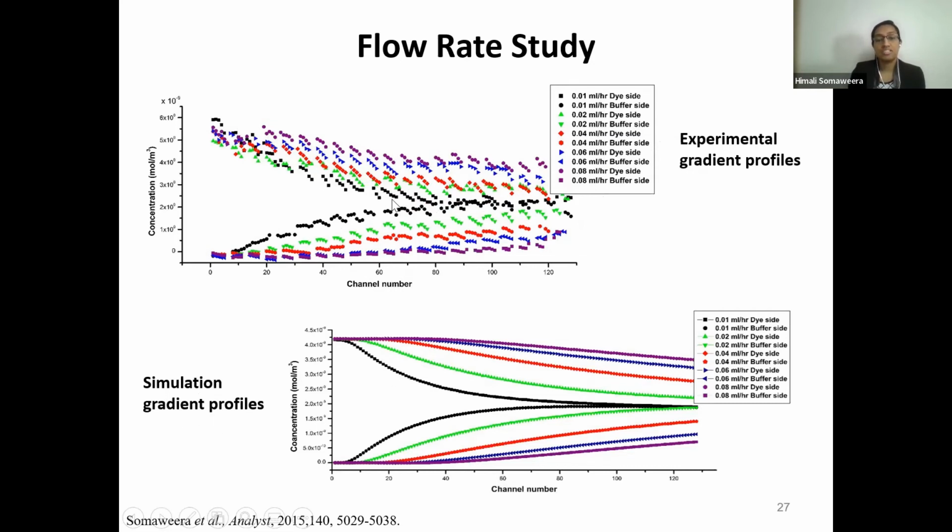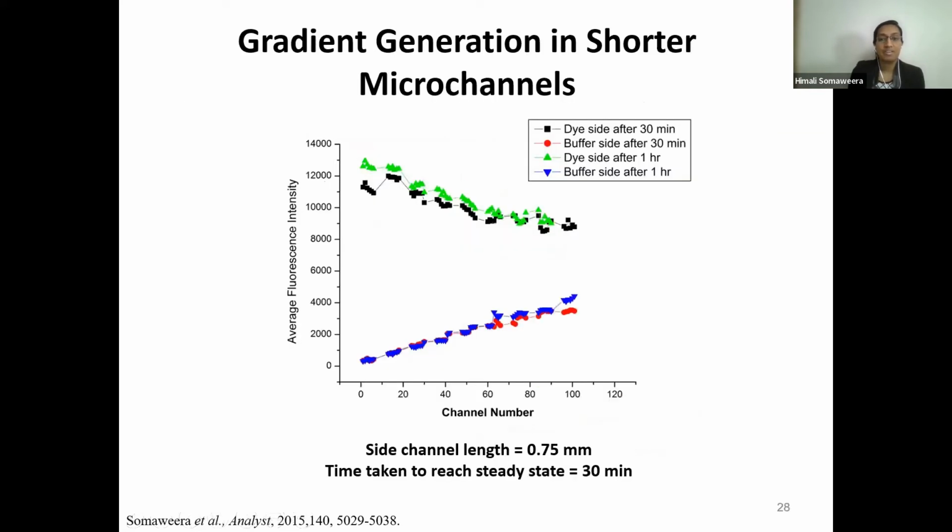This is really a big advantage, because we can create 256 concentrations in one experiment, and using different flow rates we can create even more different concentrations, which is really important. The gaps between these lines are again due to the photobleaching effect, so I avoided those values to get more consistent results.